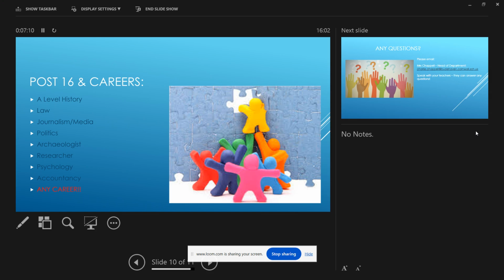If you want to be researchers and psychologists, archaeologists, even our top economists, some of our big earners in the UK come from a history background. And that's because of the idea of being able to analyse and interpret data and all of those different things. But really, the good thing about history is it's not going to close any doors to you. You really could go on to any career at all with it.